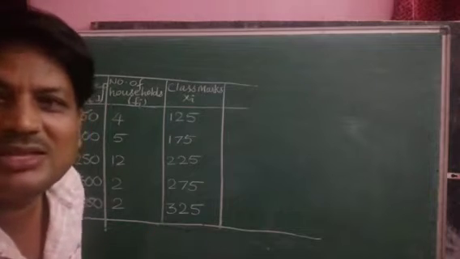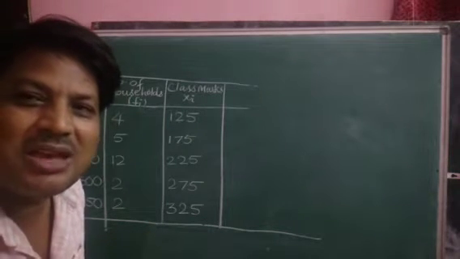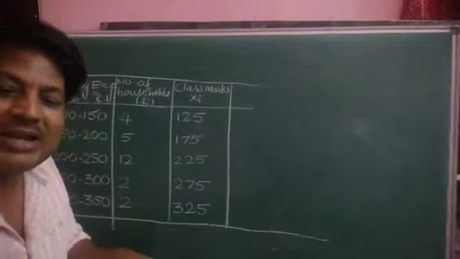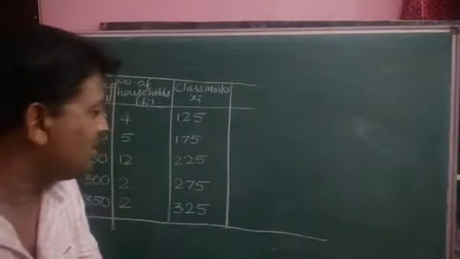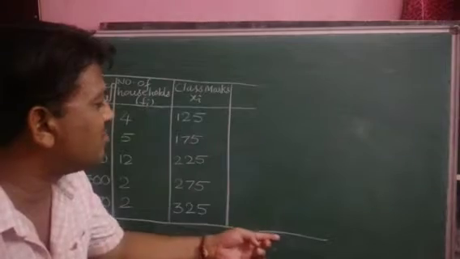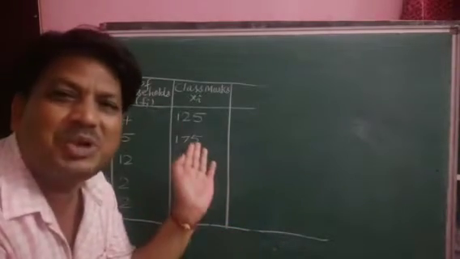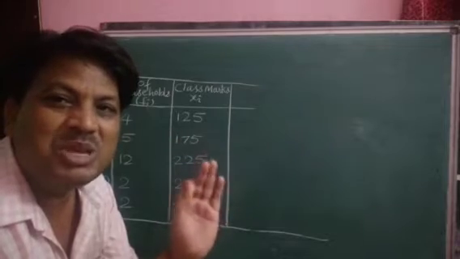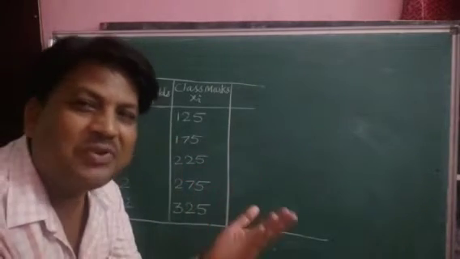The formula is mean equals sigma Fi Xi divided by sigma Fi. By the direct method you will get the answer. But the numbers are somewhat bigger, so I prefer the second method, the assumed mean method. We will proceed with that.